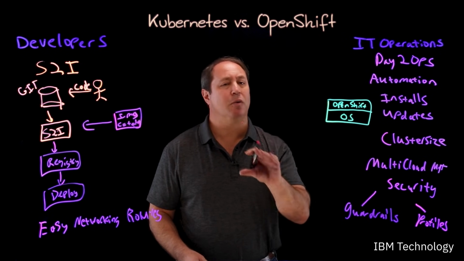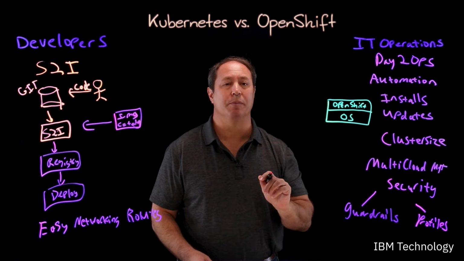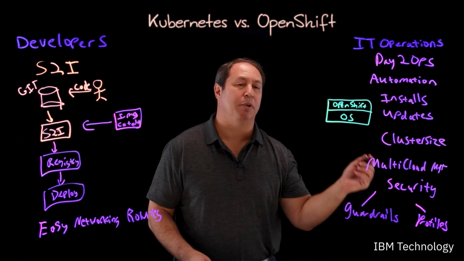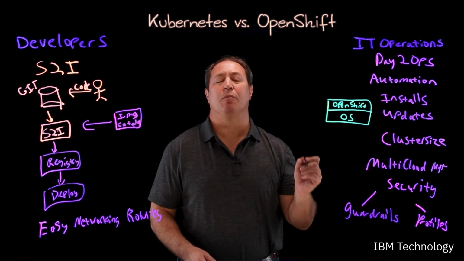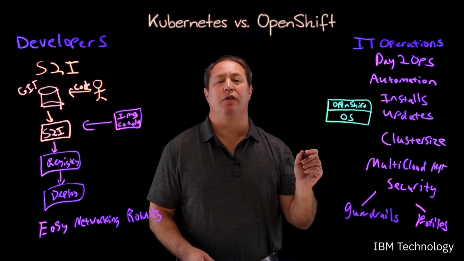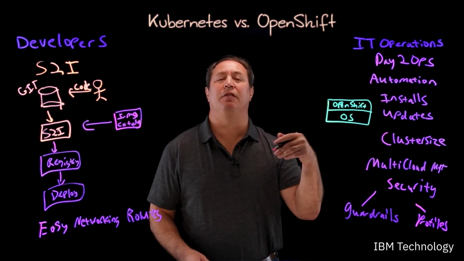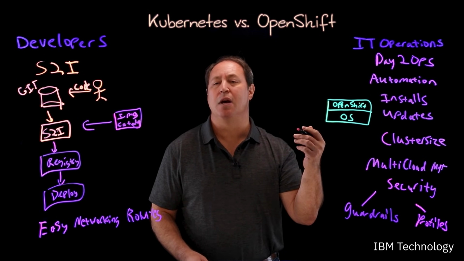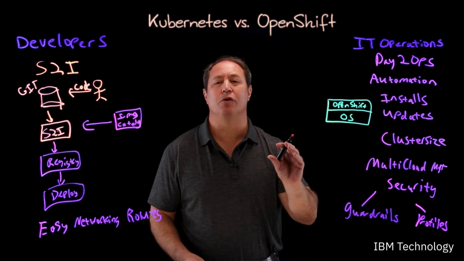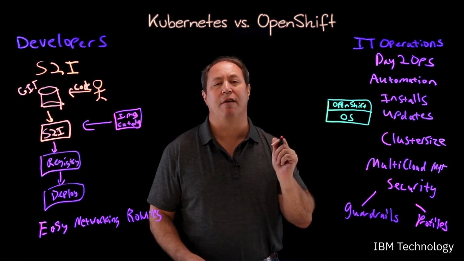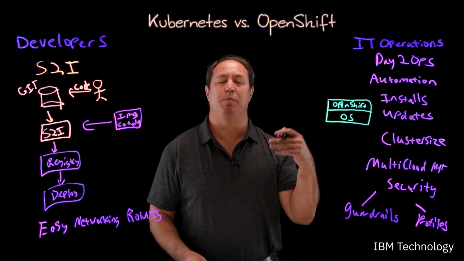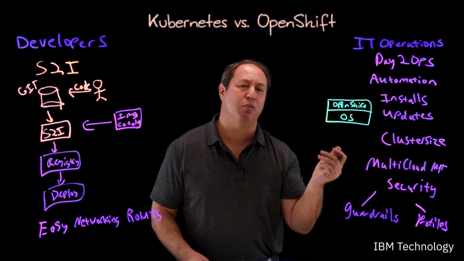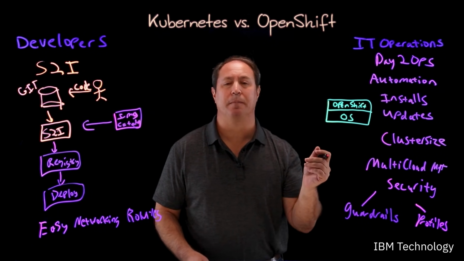In OpenShift, you don't have to modify the individual knobs. Instead, you pick a particular security context constraint profile. The profile that you pick will give you the level of security and the level of access that your container needs, but it's also going to take care of turning all those knobs the right way. So you never have to personally turn those knobs, and you can feel more comfortable that you just picked a profile and that profile is proven to be secure.